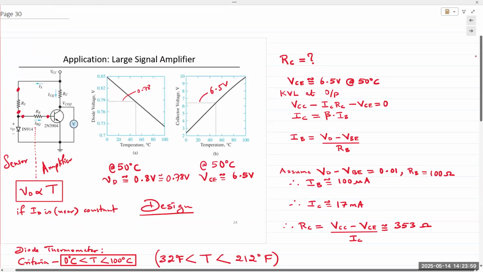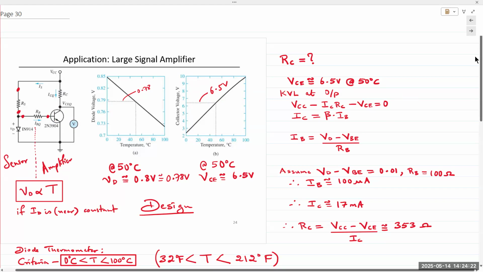Now we go to the output side. VCE is 6.5. You apply KVL at the output. When you apply KVL at the output, we have three voltages: VCC, the ICRC drop, and VCE. So VCC minus ICRC minus VCE gives us 0.